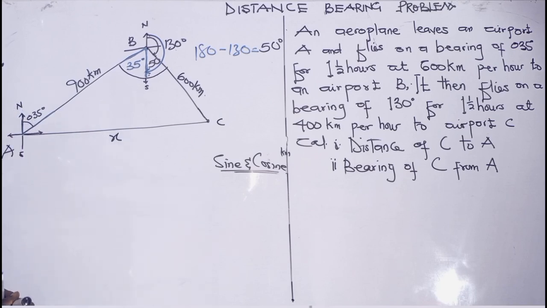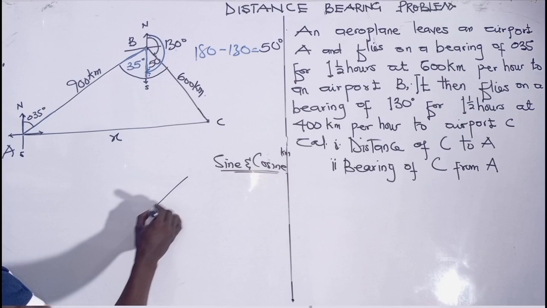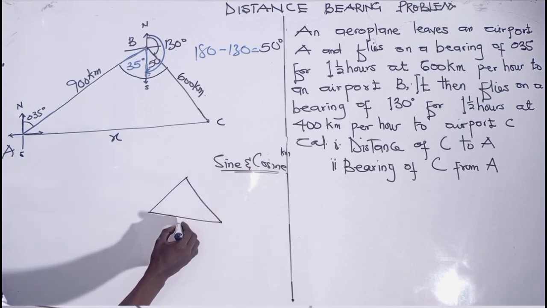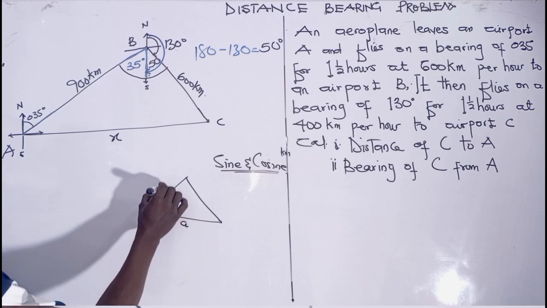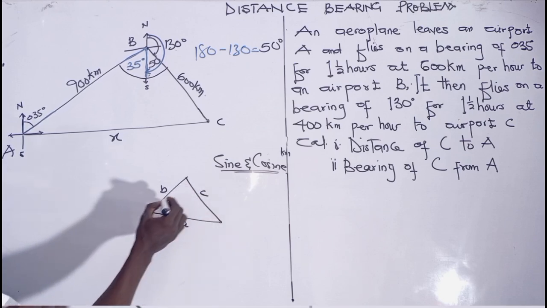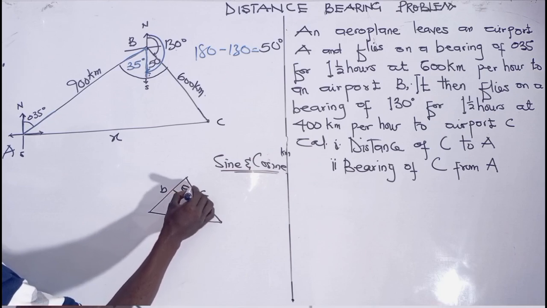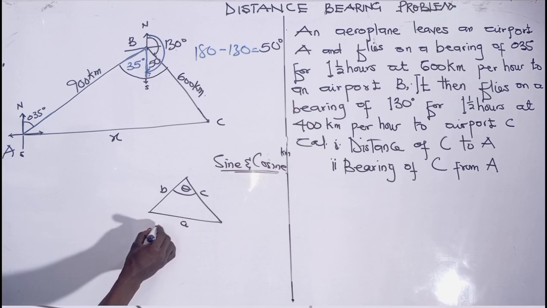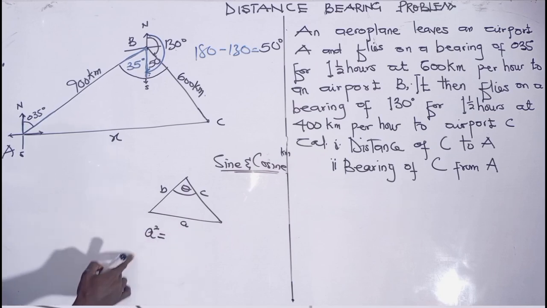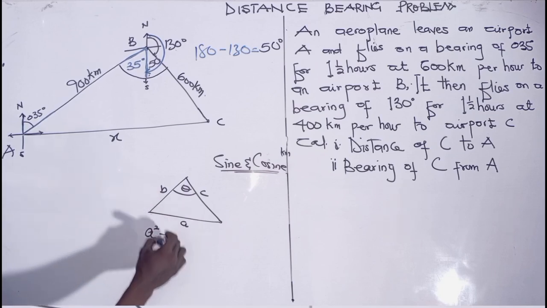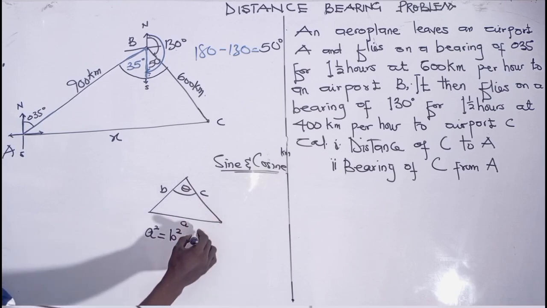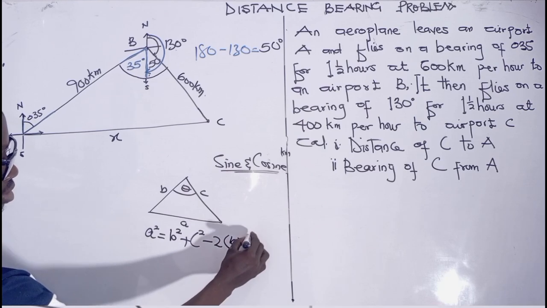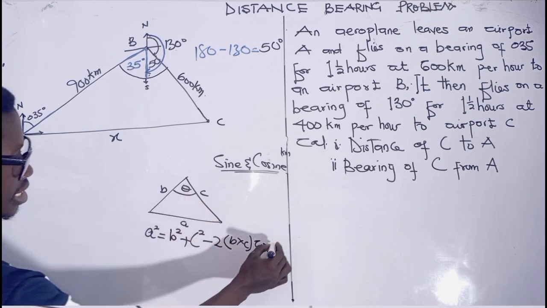Now with the sine and cosine rule, when you have any triangle which is not a right angle triangle, and you have the lengths here to be, let's say, A, B and C, and an angle positioned at this point, the cosine rule gives us A squared, since we are looking for the length of A, A squared is equal to B squared plus C squared minus 2BC cos of the angle theta.